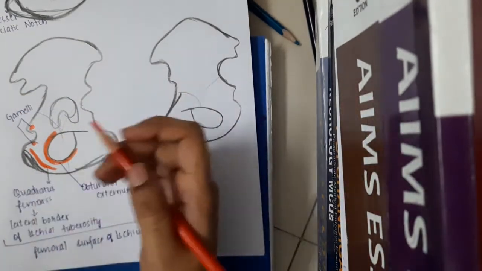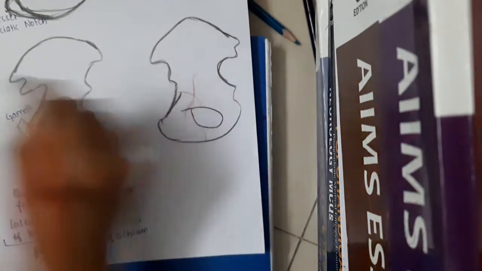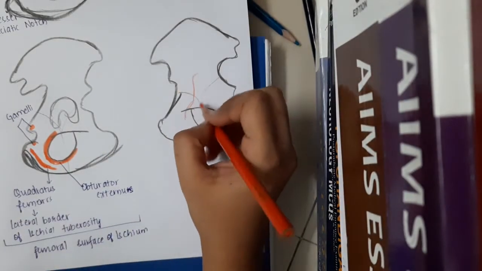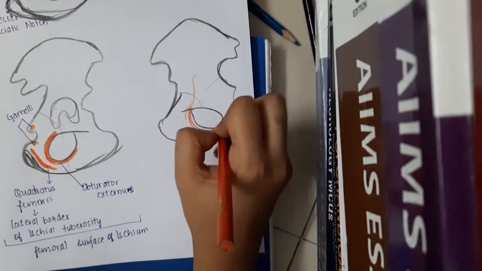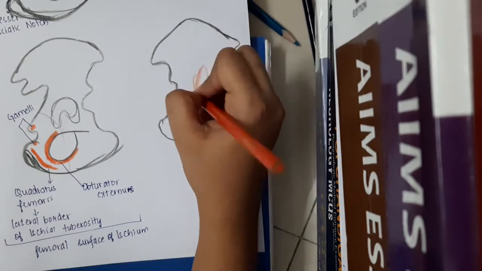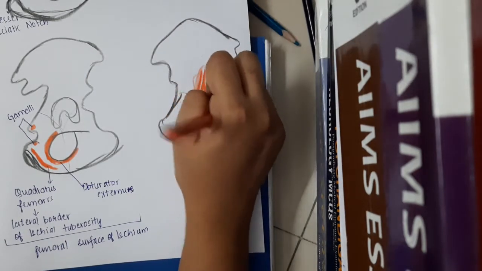Then this is the pelvic surface. In the pelvic surface you have obturator internus, which arises from the ischium, and also from a part of pubis and from the ilium. This is obturator internus.